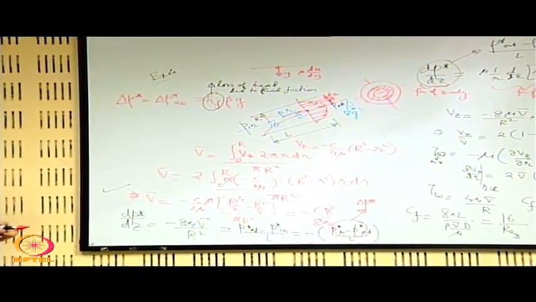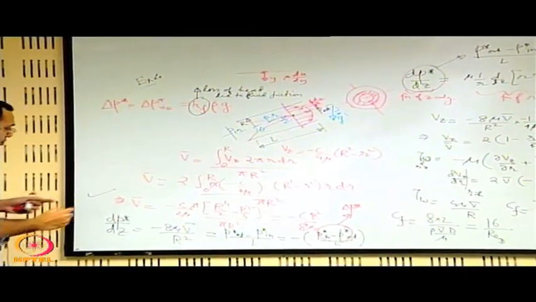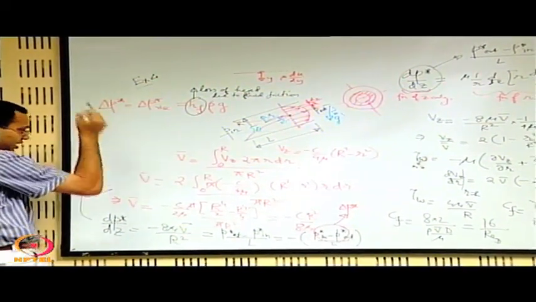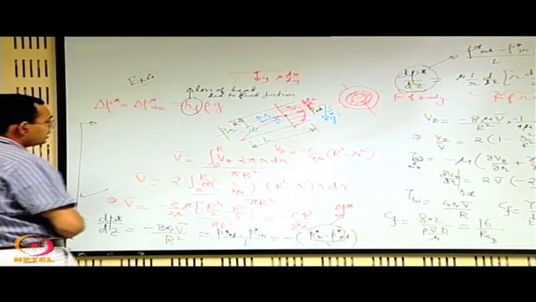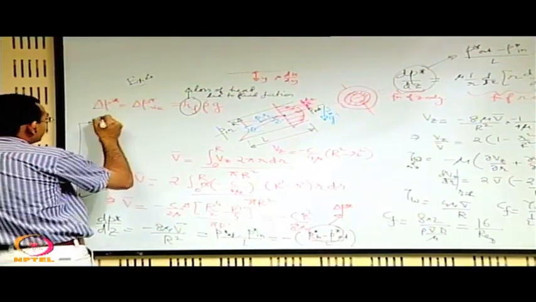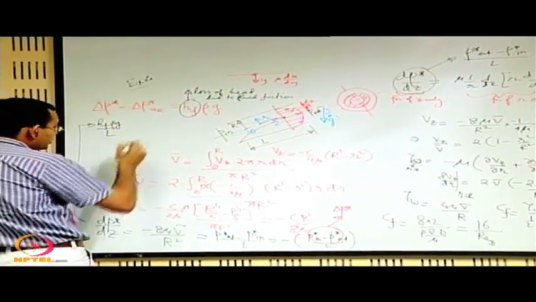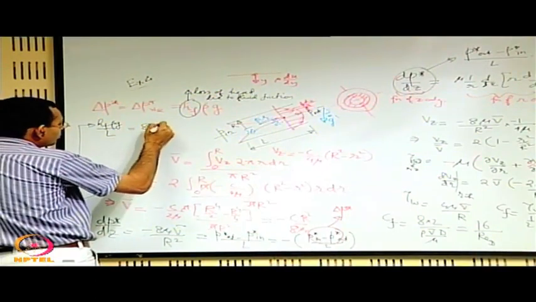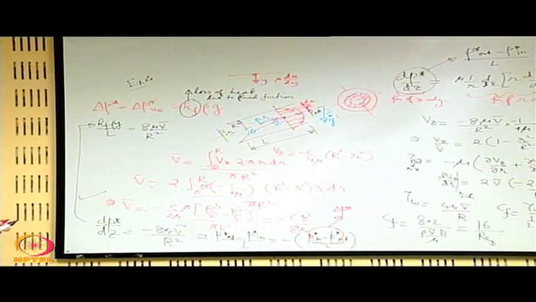Therefore it is possible to write this expression dP star dz, if we come back here, in terms of this delta P star as hf rho g. So you have hf rho g by L is equal to 8 mu V average by r square.